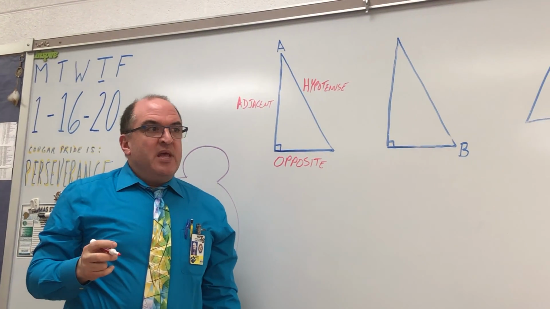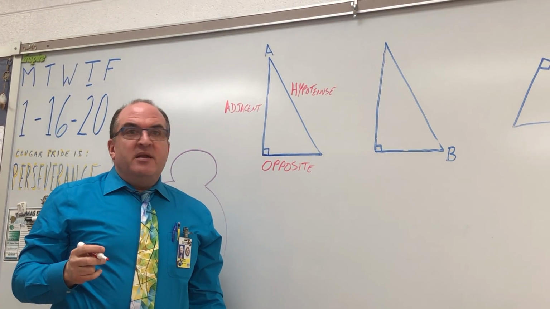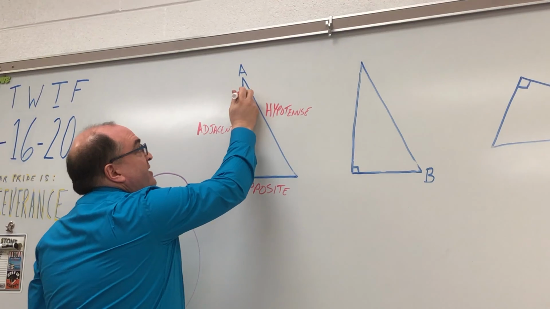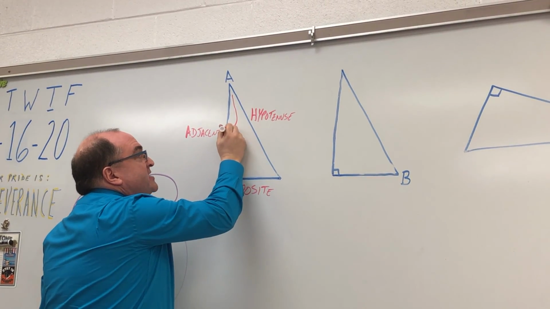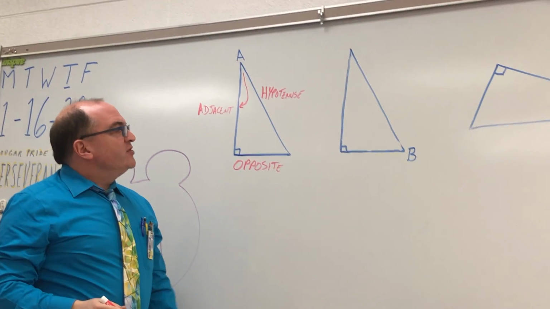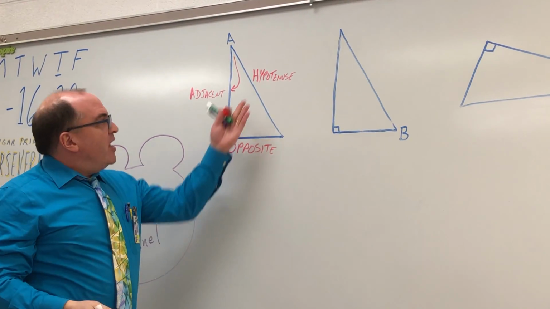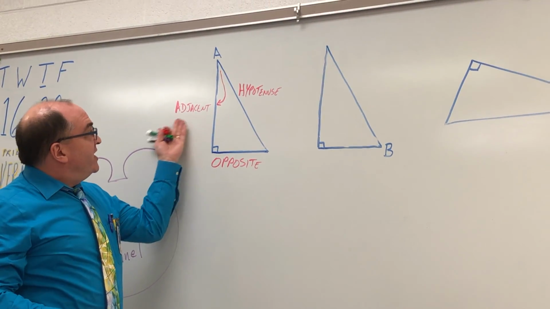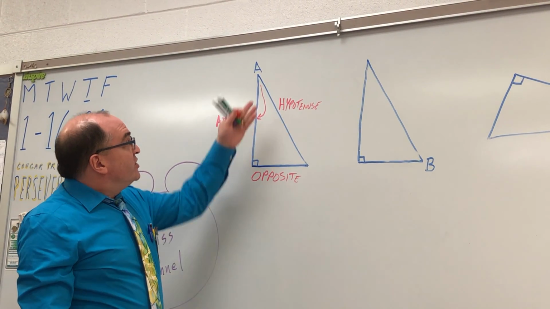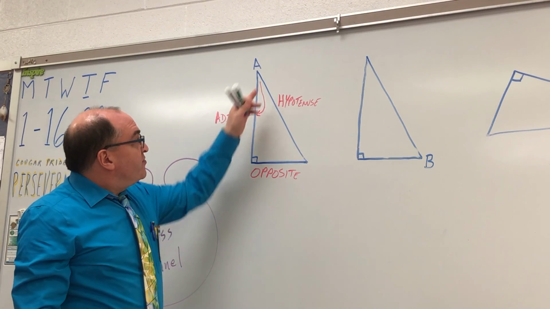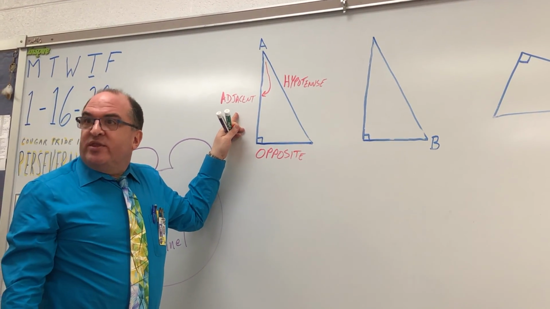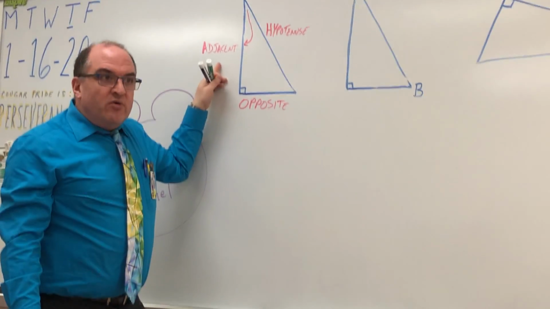It means next to. This side is next to angle A. You might say, isn't the hypotenuse next to angle A? Yeah, but we call it the hypotenuse. The other side is called the adjacent side. So this is opposite, and this is adjacent. I need a nod, confirm you're okay with that.